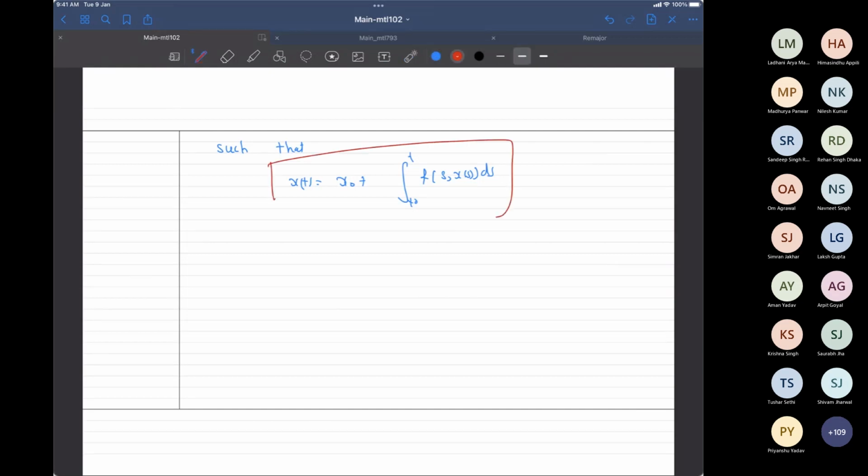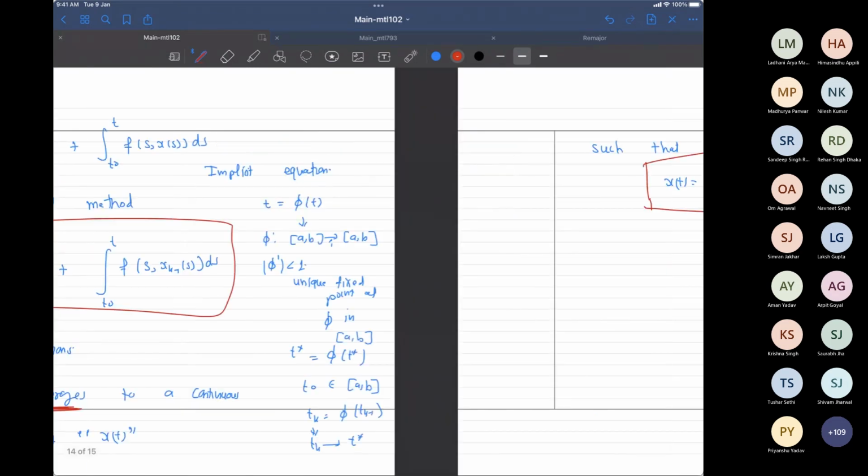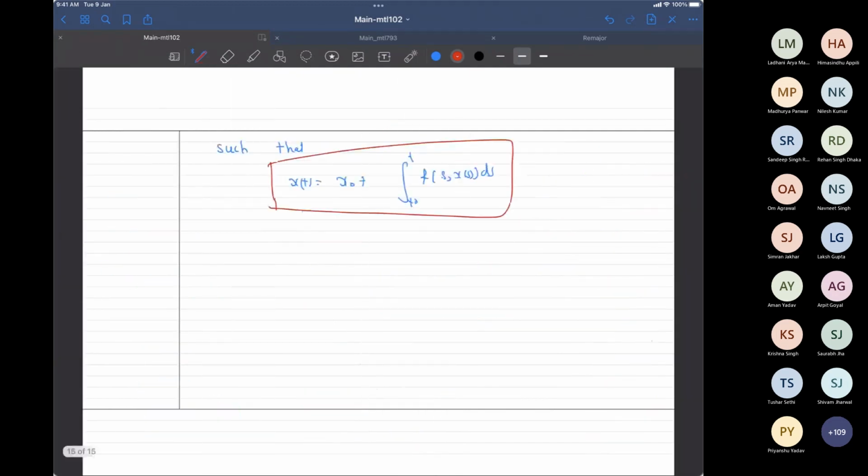We need to identify what x is, and then show that x satisfies this condition. There is only one integral equation. We need to show that x(t), the function which we identify, satisfies this integral equation. Of course we still have to define what x(t) is.